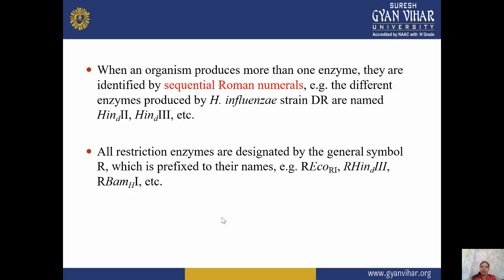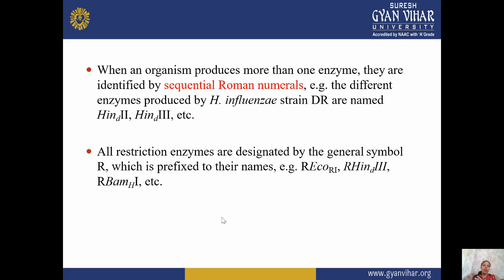Now, when an organism produces more than one enzyme, they are identified by sequential Roman numerals. The different enzymes produced by H. influenzae strain Rd are named Hin dII, Hin dIII, etc. Here the example is given.